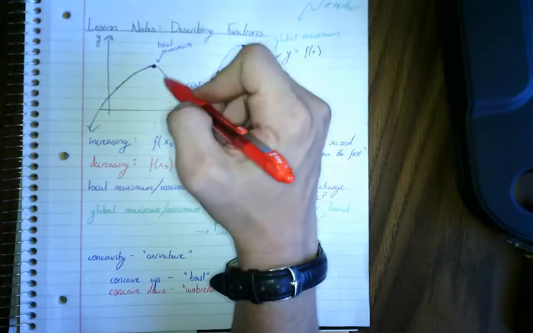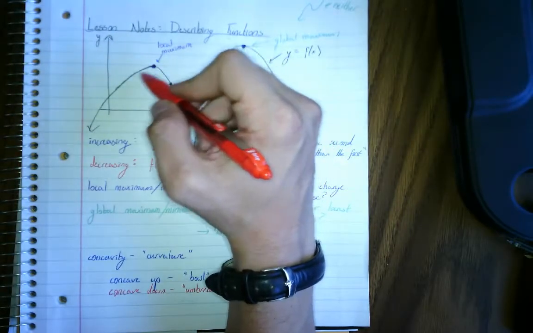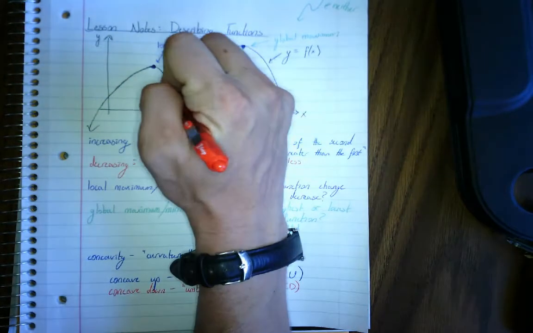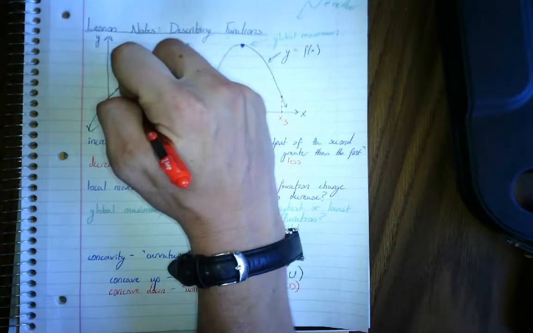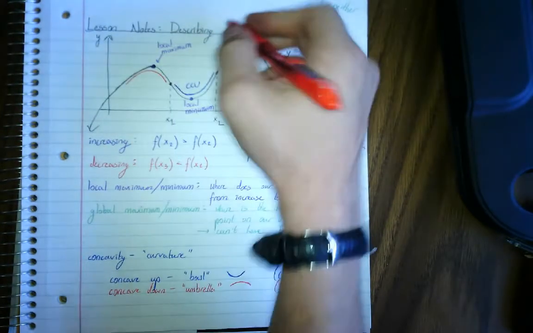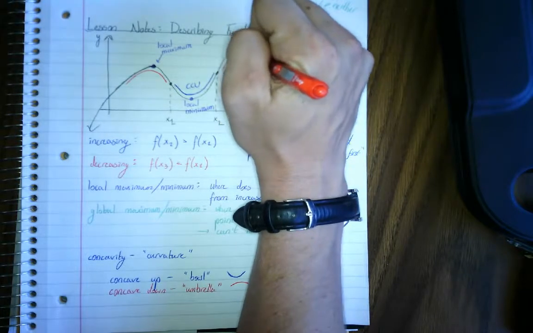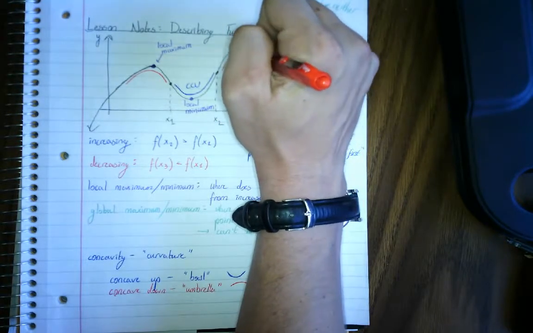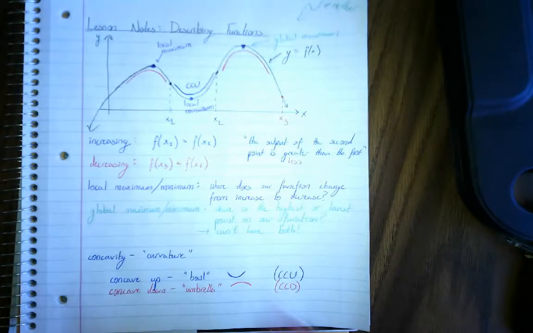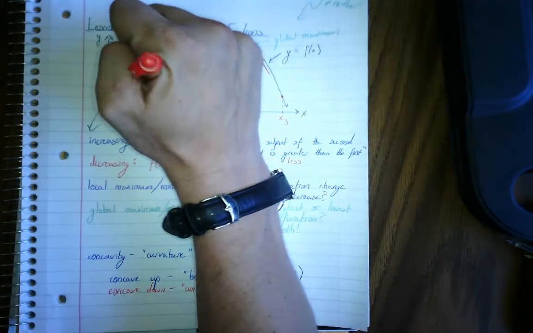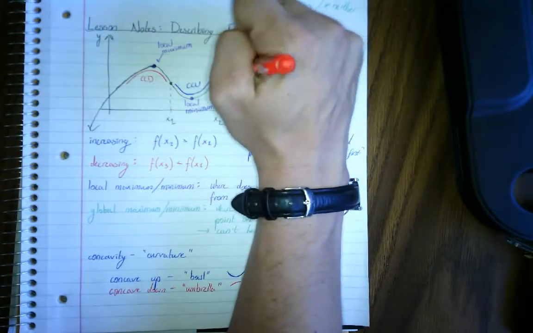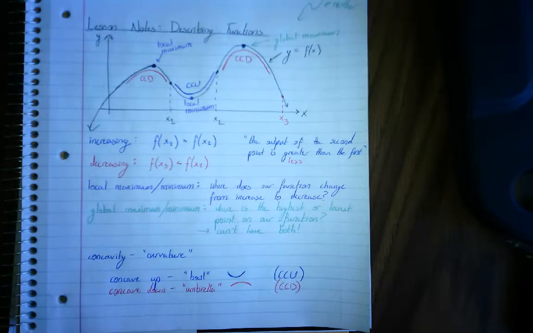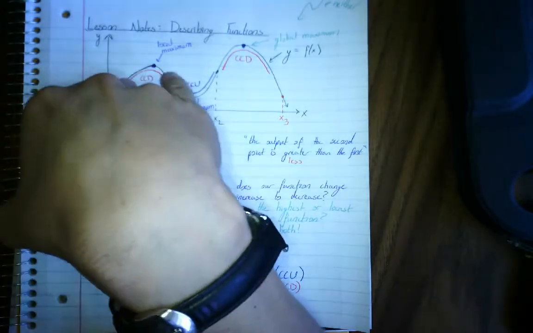If we're looking here, notice how we have kind of a bowl shape or an umbrella shape right here. And we have an umbrella shape right here as well. So these two places are concave down. CCD, CCD. And so we have one more term, and it has to deal with changing concavity.